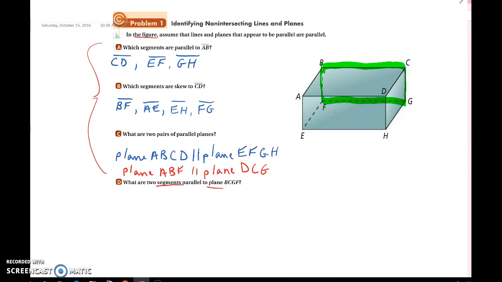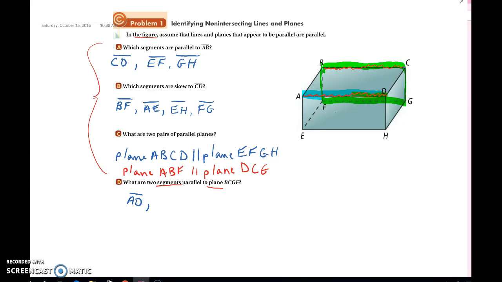So one of the answers that we can give for this is segment AD, let me highlight it in a different color. Segment AD we can say is parallel to plane BCGF because segment AD is parallel to segment BC and BC lies within that plane. So we can then say segment AD is a segment that's parallel to plane BCGF.